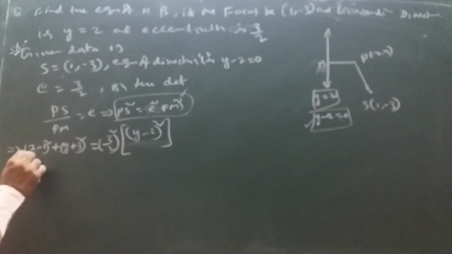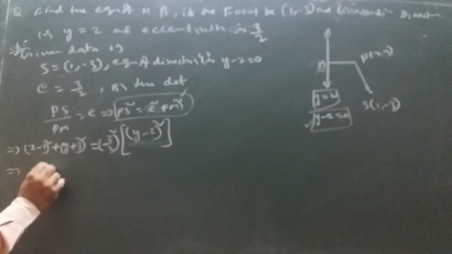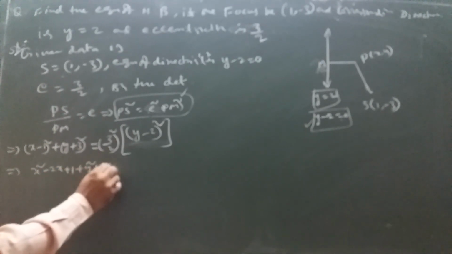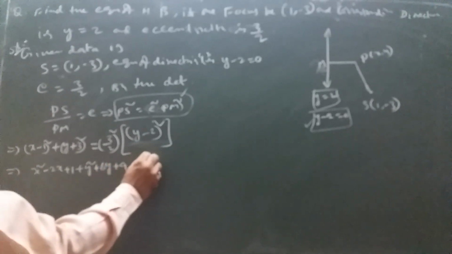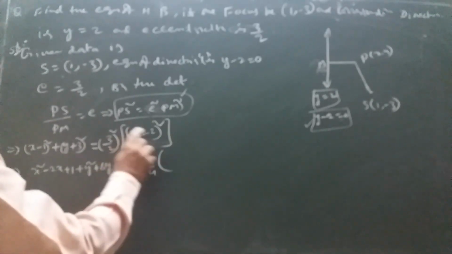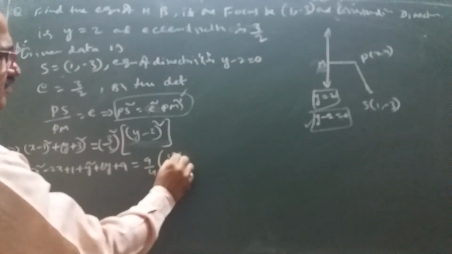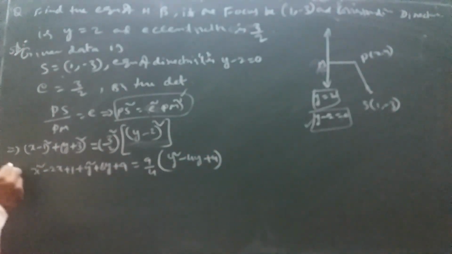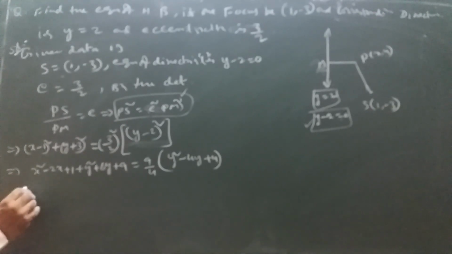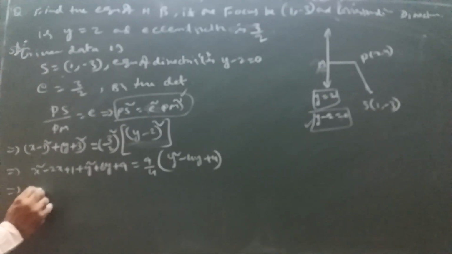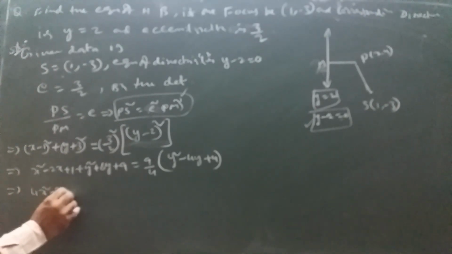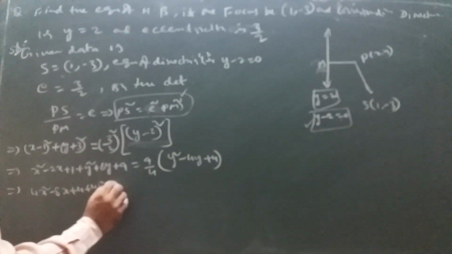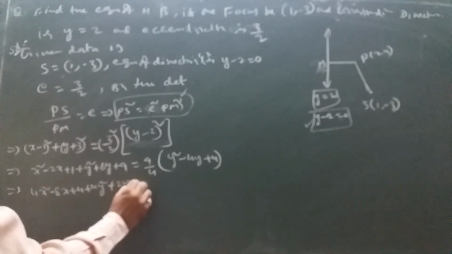By expanding, x square minus 2x plus 1 plus y square plus 6y plus 9 is equal to 9 by 4 into (y square minus 4y plus 4). By multiplying with 4 on the left side, this becomes 4x square minus 8x plus 4 plus 4y square plus 24y plus 36.